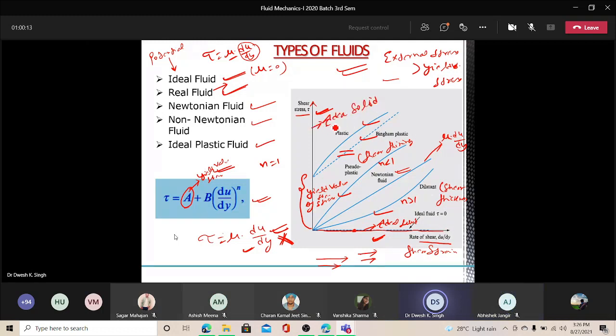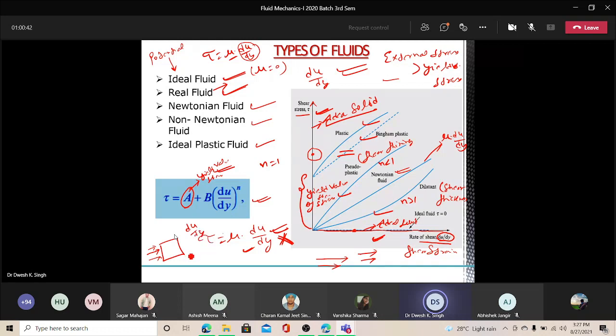Now, why ideal solid? Because at this line, what is the value of du by dy? 0. There is no gradient, but yes, there is shear stress. If you have a block and you apply a force, shear stress is there, but there is no gradient.